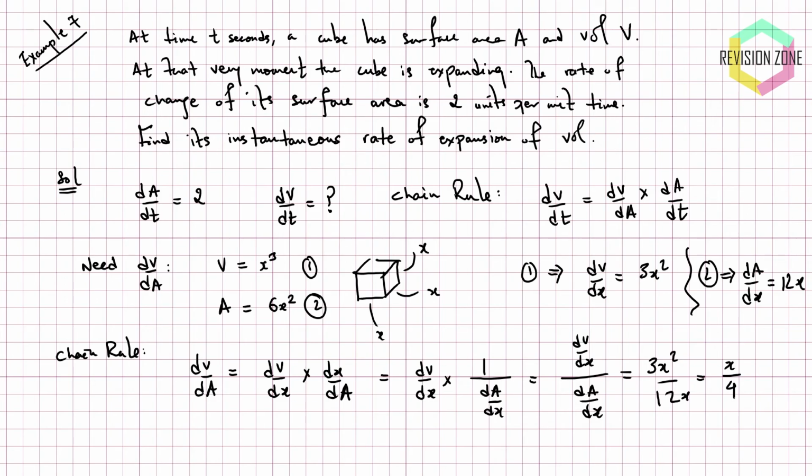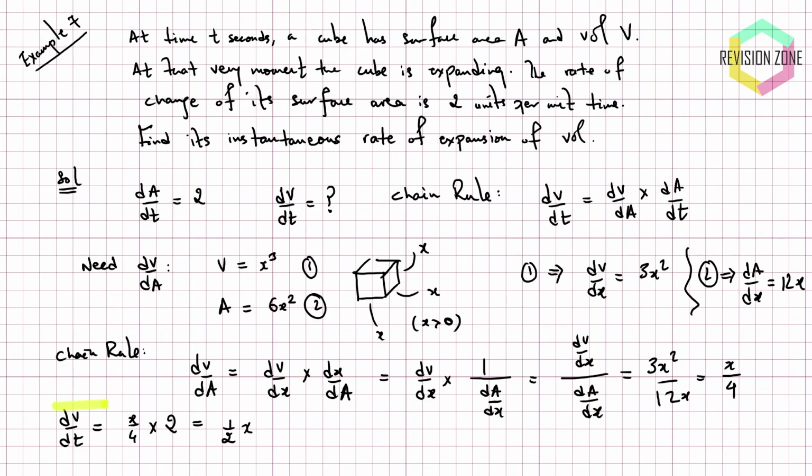And of course, throughout this, we need not worry about x being 0, because we know that our x is going to be positive, because we've got a cube, and it's got to have a side length which is non-zero. So as a result, what we can say is our dV by dt, we can go back. It's just going to be x over 4 times dA by dt, which is obviously just 2, so it gives us a half x.